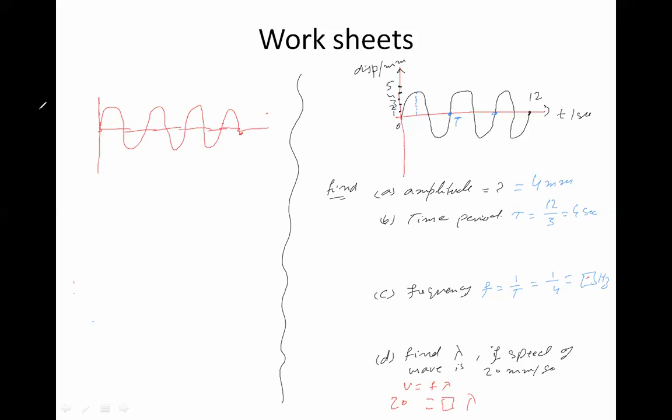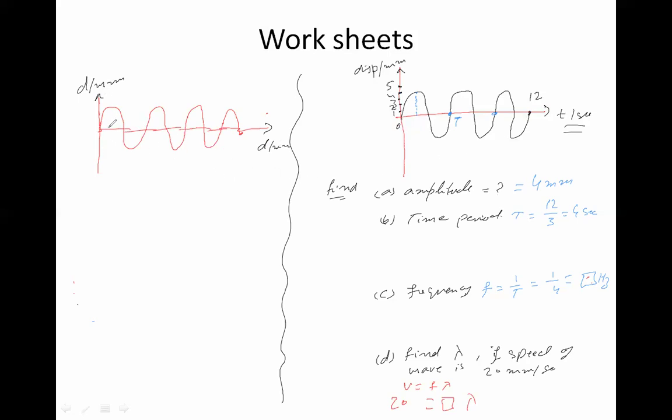This is the displacement axis, in millimeters, and this is also a displacement axis. This is the difference: in the previous question the x-axis was the time axis, but in this case both are displacement axes.